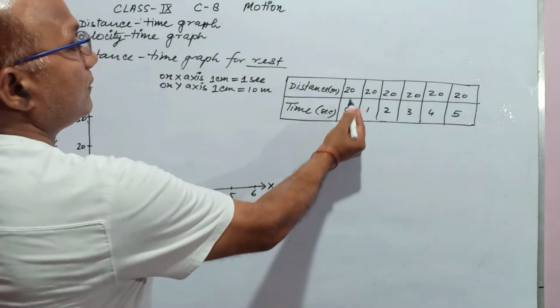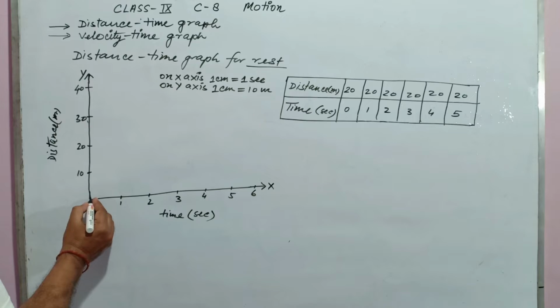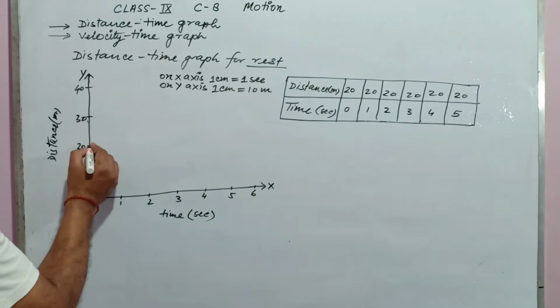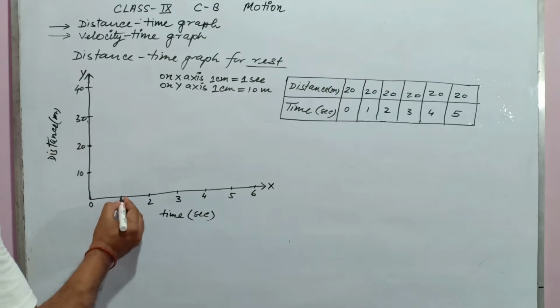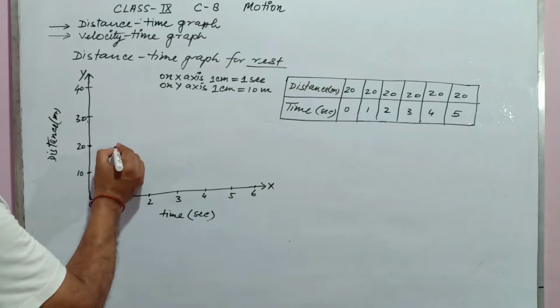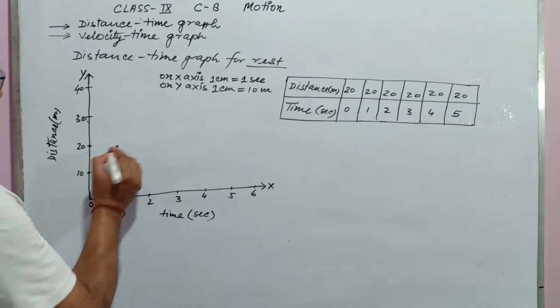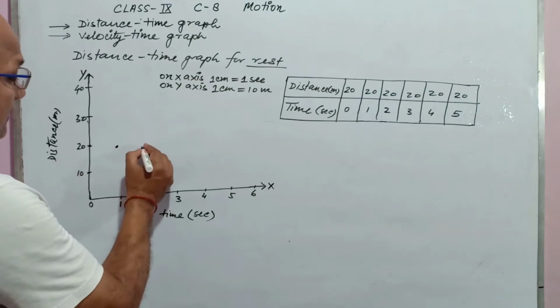Time is 0, distance covered is 20 meter. So at this time distance covered is 20 meter. So we will put a point here. In 1 second the distance covered is again 20 meter. In 2 seconds distance covered is 20 meter.